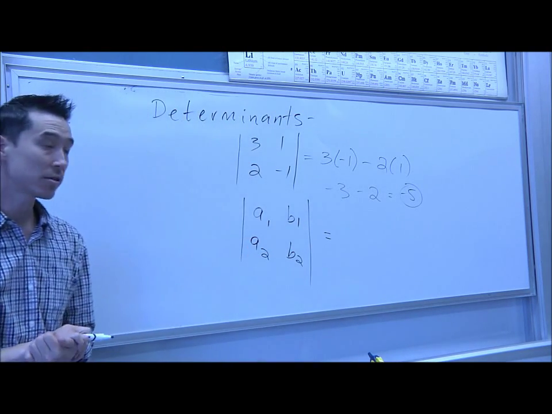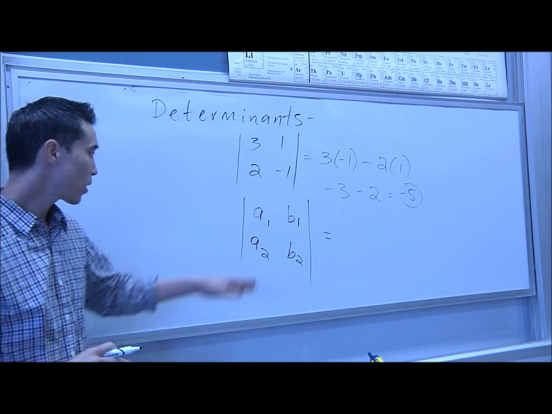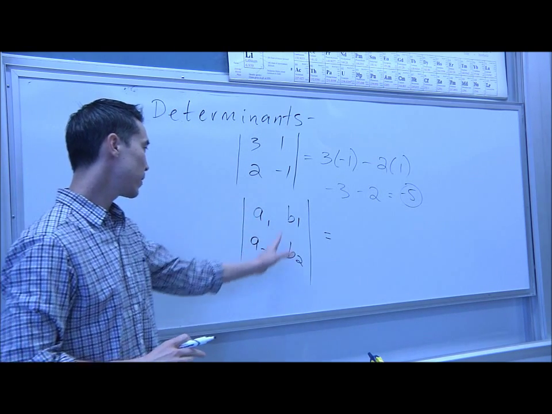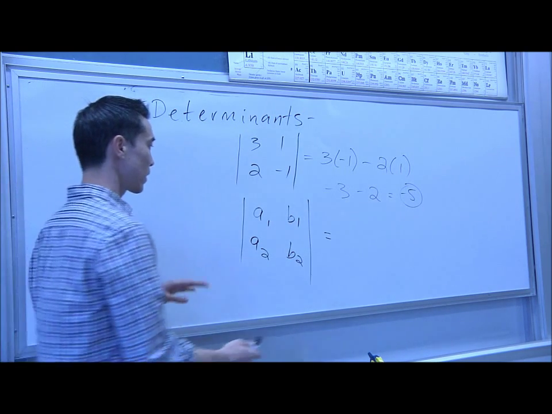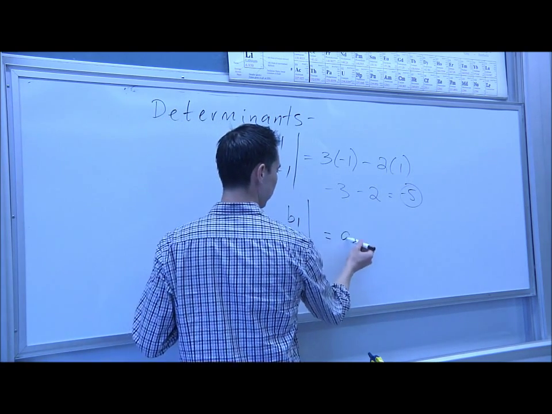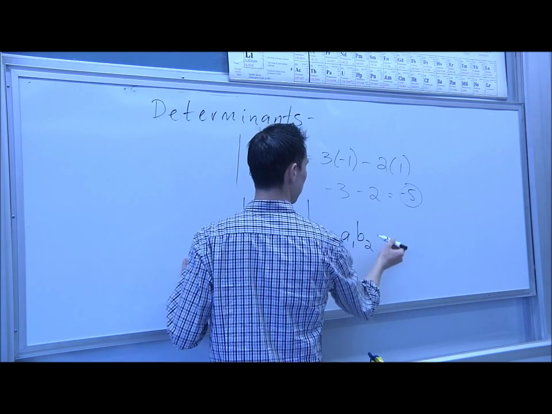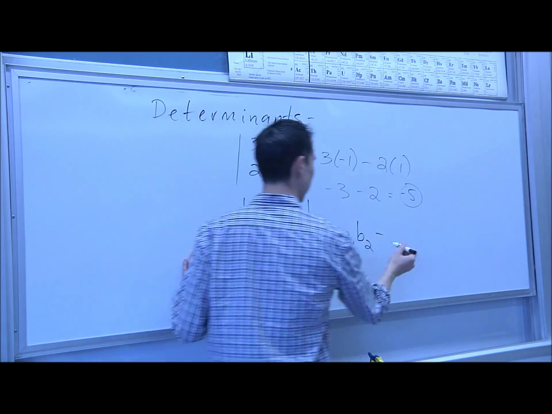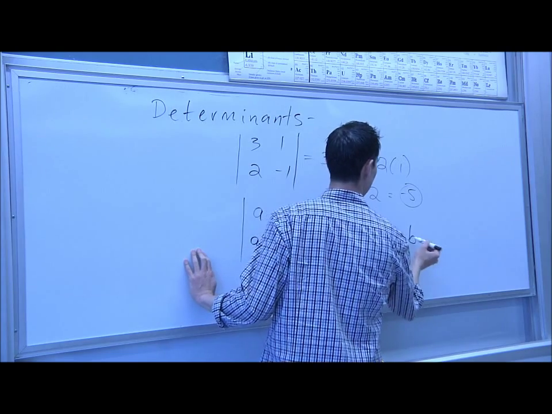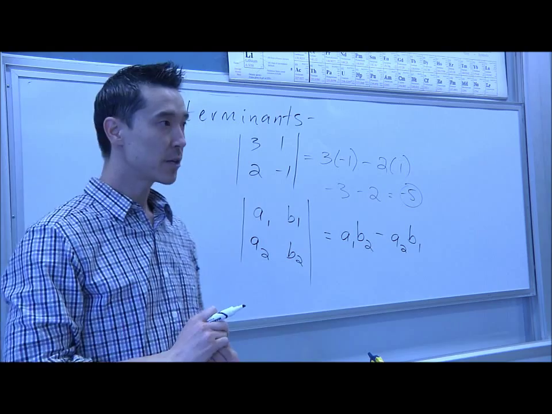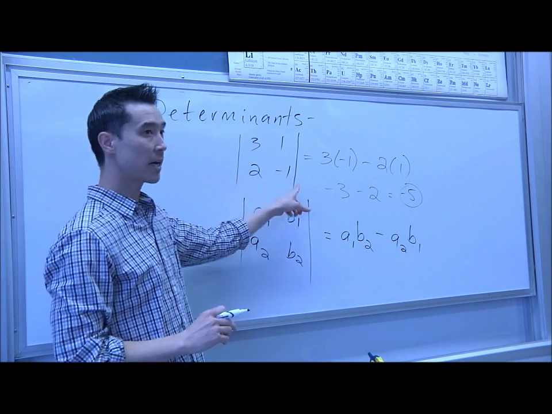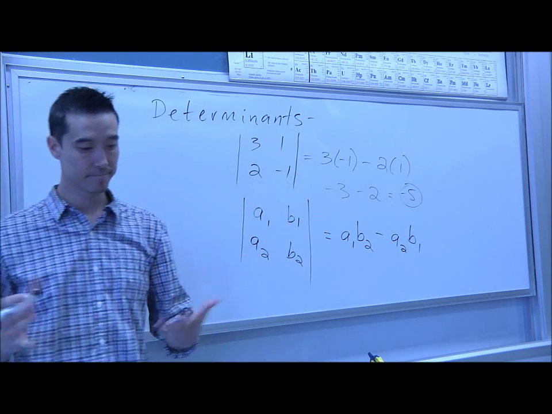So if I have a 2 by 2 determinant, where my coefficients here are A1, A2, B1, B2, what would be the applicable formula? A1 times B2 minus A2 times B1. Okay. Now again, I don't expect that you have to memorize that as much as know how it works. This diagonal minus that diagonal.